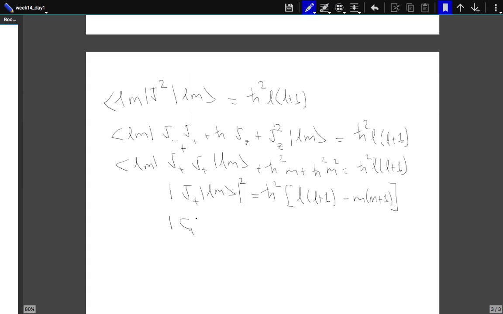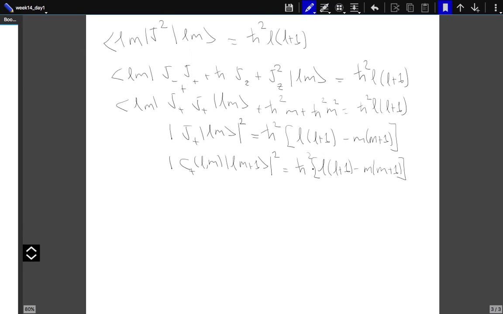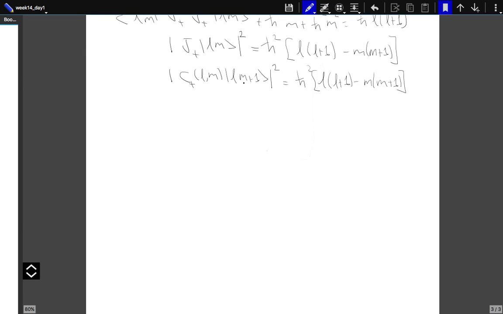So we are almost done. J plus Lm is nothing but C plus Lm times the state L, m plus 1, magnitude squared, but the magnitude of Lm plus 1 is just 1.